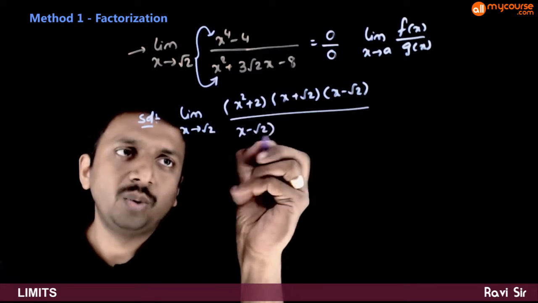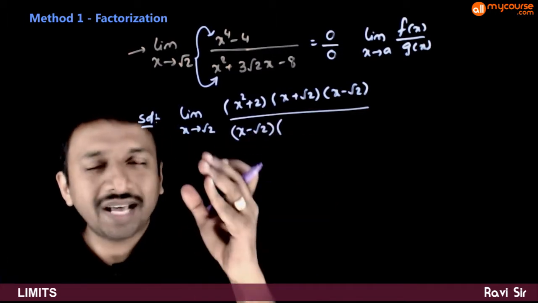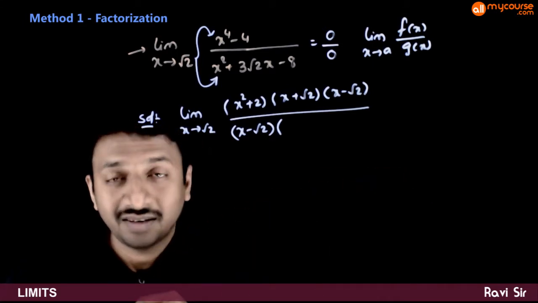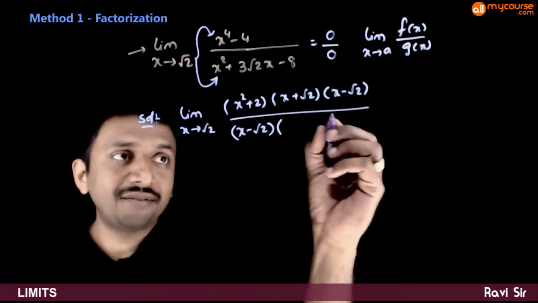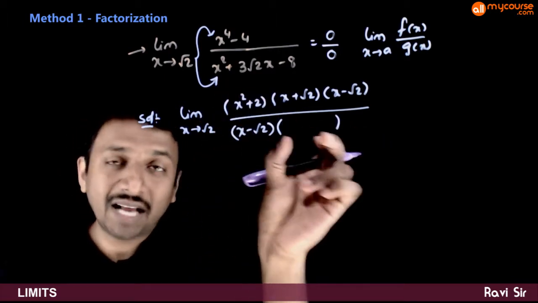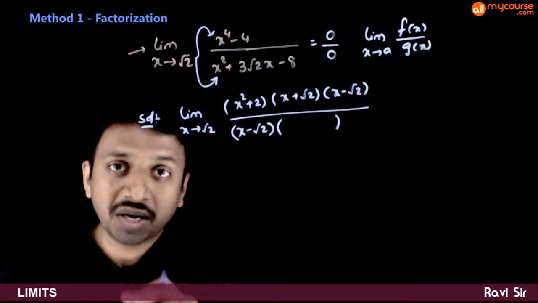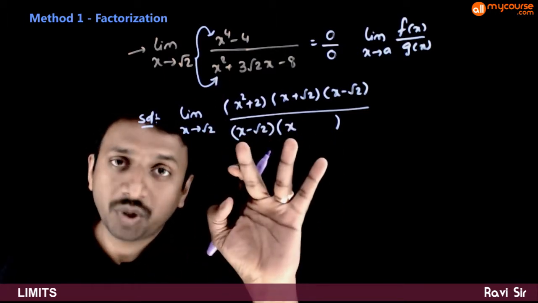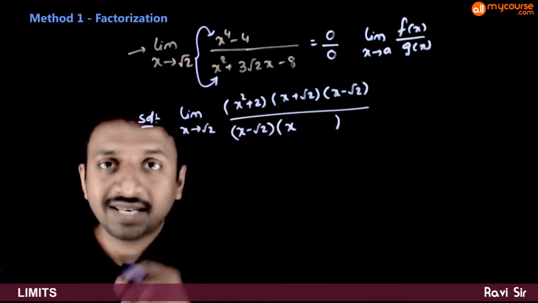x minus root 2 times, so we know that x minus root 2 is a factor. So without direct division, if you want to directly write the other factor, you can compare this and write the actual factor. As you can see, you have x square here, you have x here. So you need to have an x here such that you get x square. So x square is adjusted.